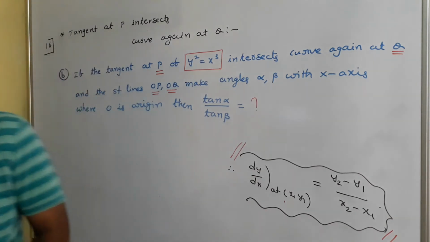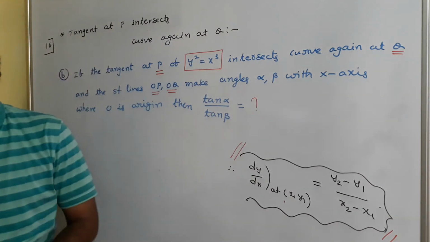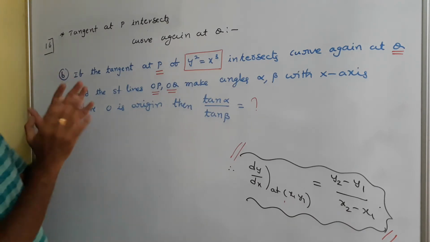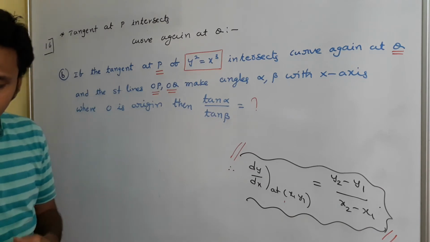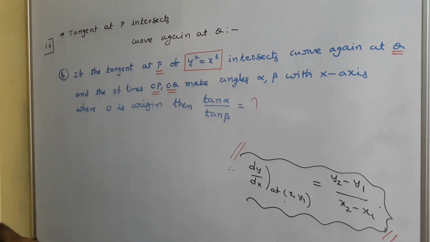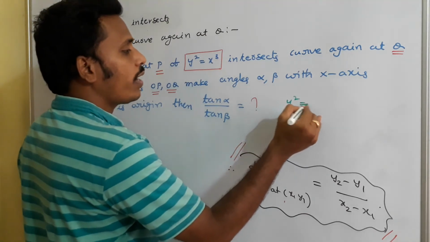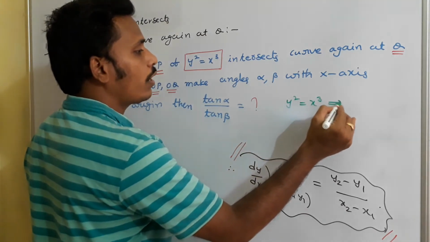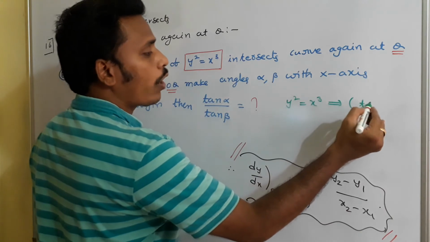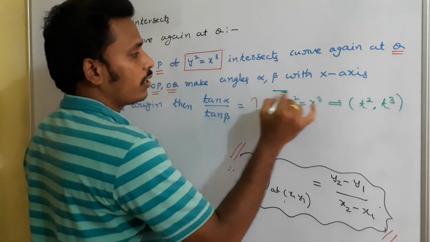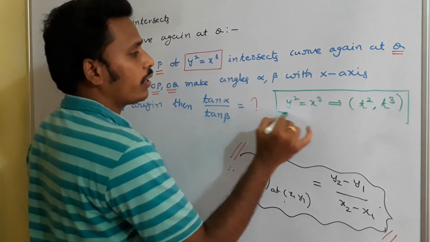For that, what is the curve equation? y square is equals to x cube, right? Since the curve equation is y square is equals to x cube, you think about the parametric coordinates of it. The parametric coordinates are t square comma t cube. You need to identify this at first.